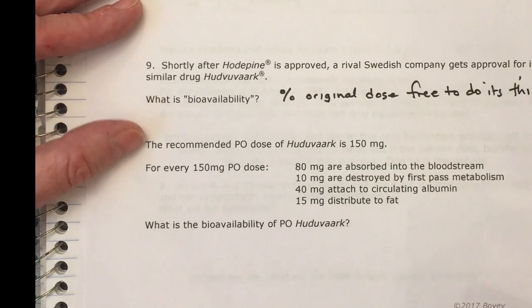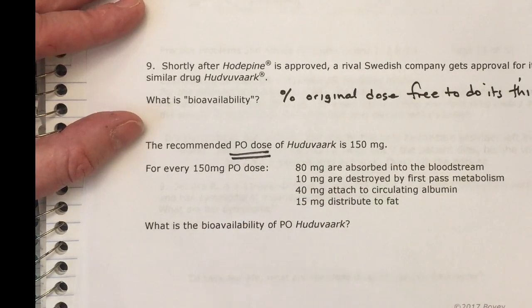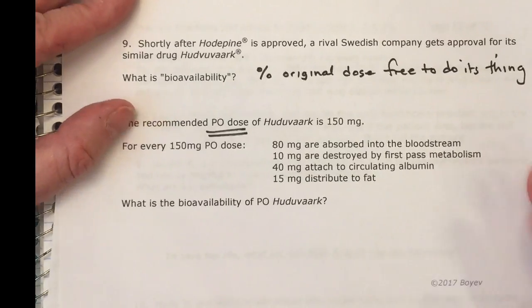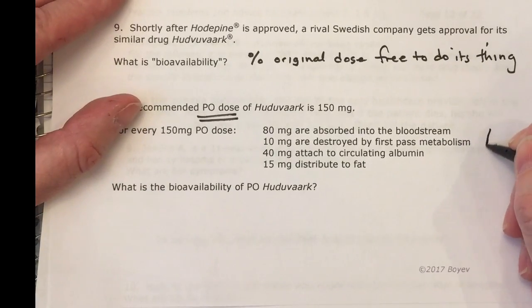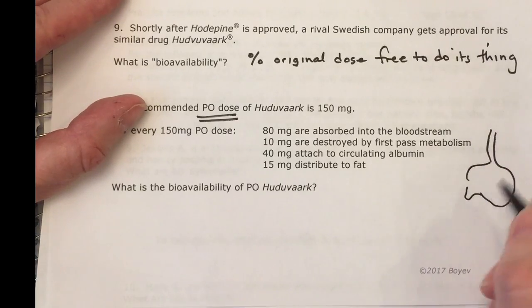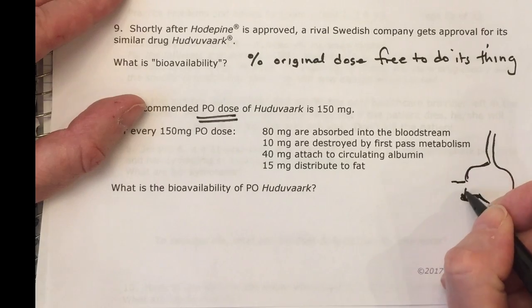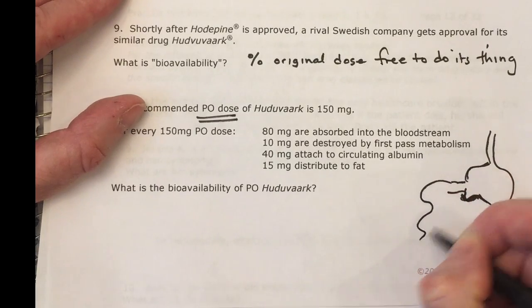All right, so this is a PO drug, so it's going to be swallowed, yeah? So if you imagine this is your stomach, here's your esophagus, and here's your stomach. Not a very well-drawn stomach, I apologize for that. And here's your intestines, yeah?